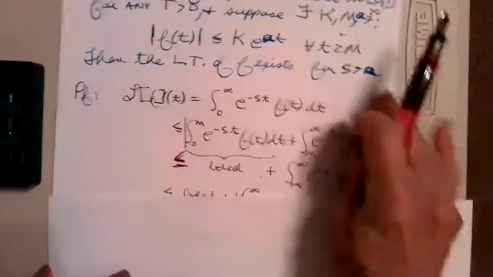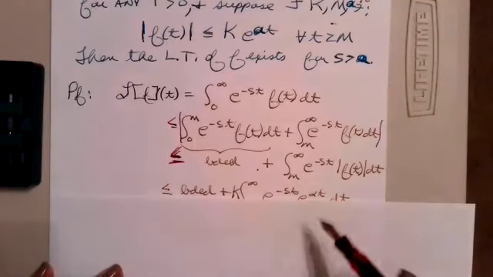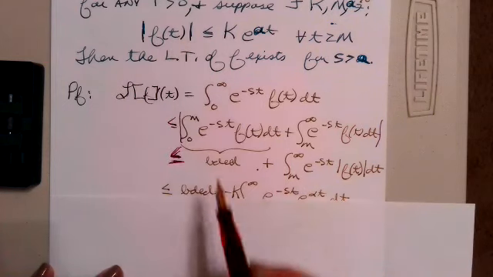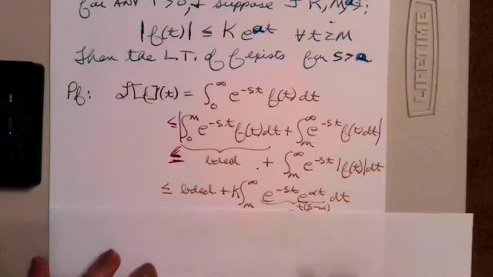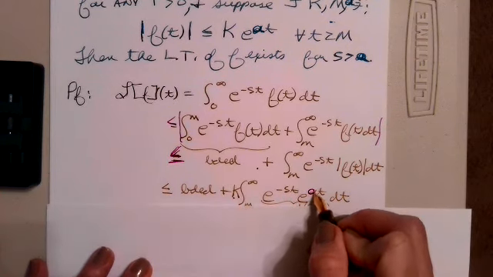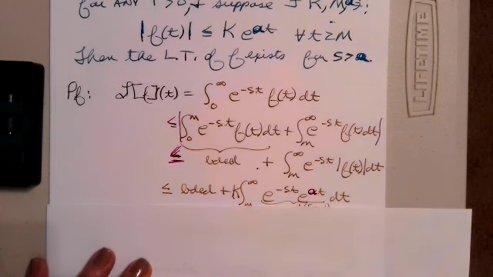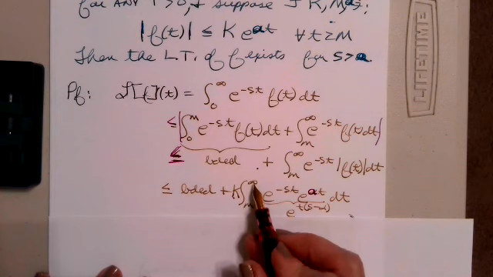Now, according to this hypothesis on little f, make sure you can see it right here, I can replace f and make this inequality even bigger by replacing f by K times e to the At, because we're on the interval where t is between M and infinity.